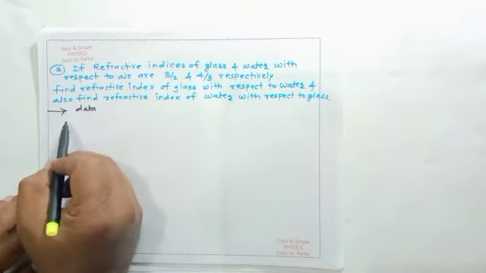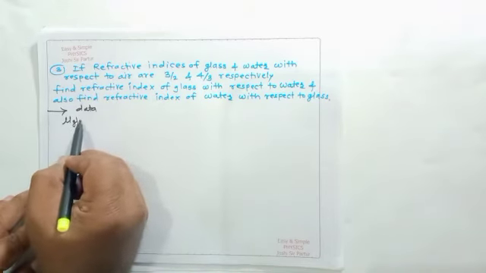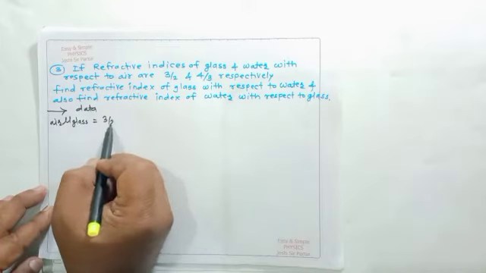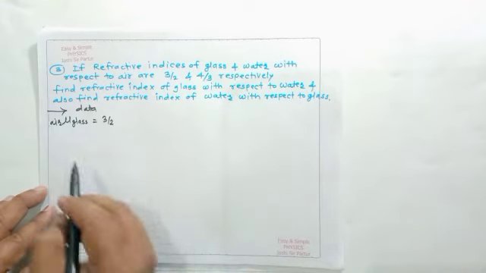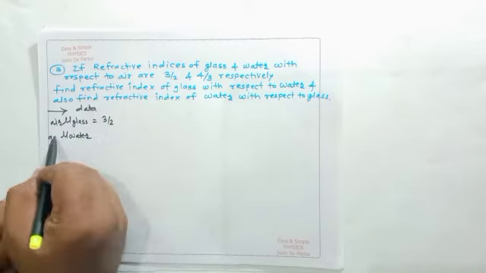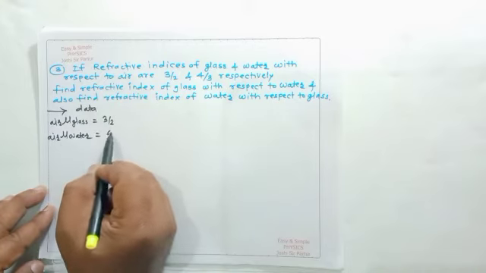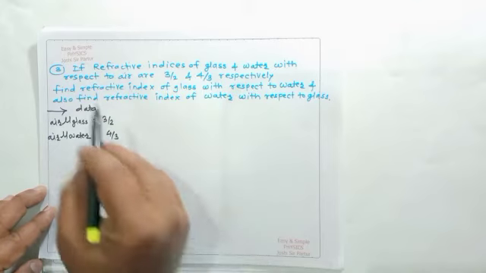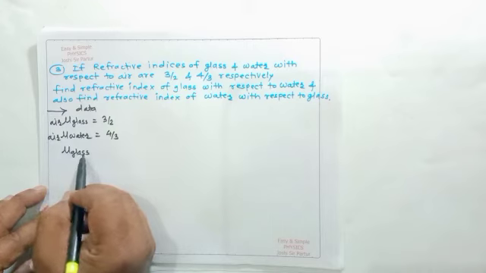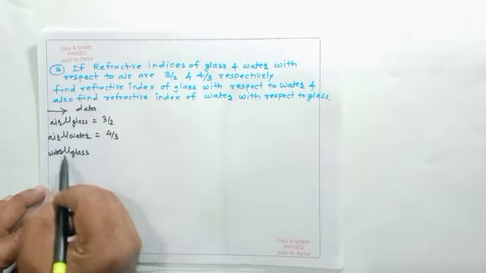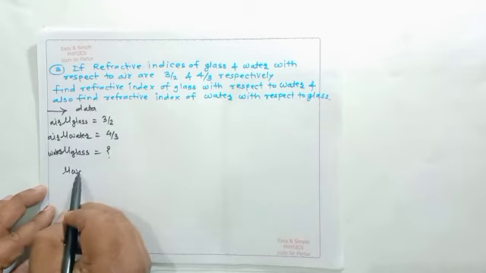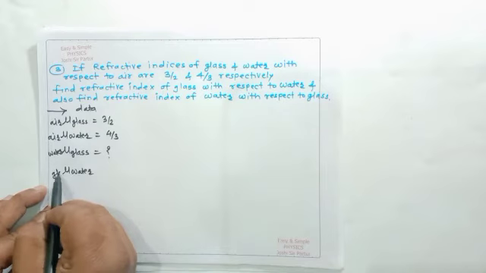We have given refractive index for glass with respect to air, that is 3 upon 2. Another will be refractive index of water with respect to air, 4 upon 3. We can find refractive index of glass with respect to water, and another will be refractive index of water with respect to glass.